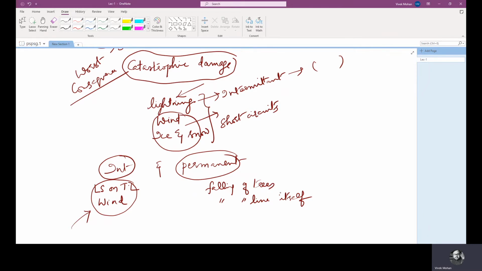Here also it is dealt with in the same way, but it should quickly be sensed and isolated. The faulty components should be isolated to minimize the damage. So one requirement is to minimize the damage.